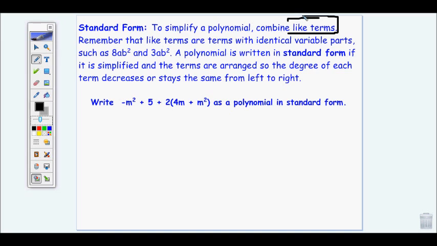So the first thing I need to do is simplify. I have some distribution here that needs to be done. The pen wanted to not work there. So I have to do that first. So I'm going to do negative m squared plus 5. Now I'm going to do my distribution.